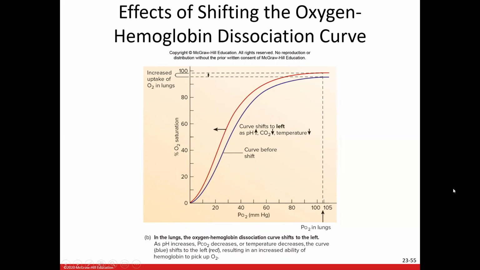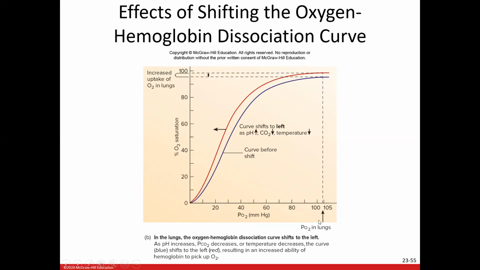Then on the other hand, if we have a large increase in pH, large decrease in CO2 levels, and large decrease in temperature, our blue curve right here, the curve before the shift, is then going to shift to the left. So it turns into this red curve we see right here that I'm bringing my mouse over.